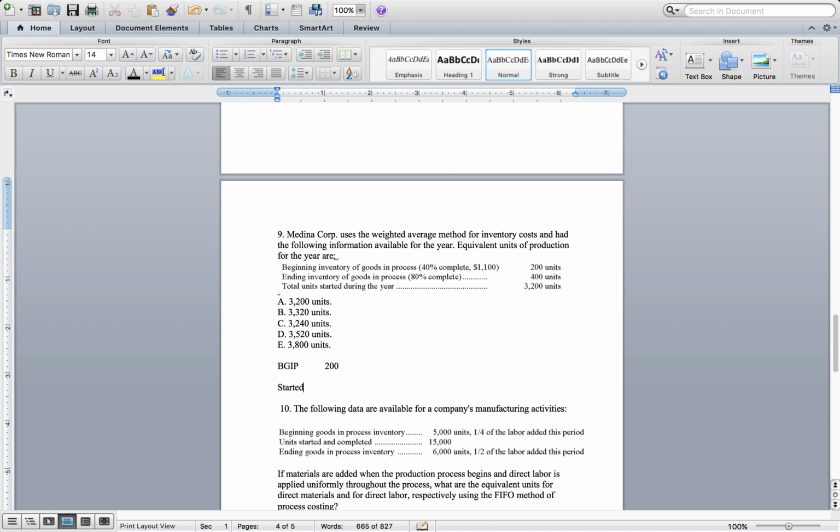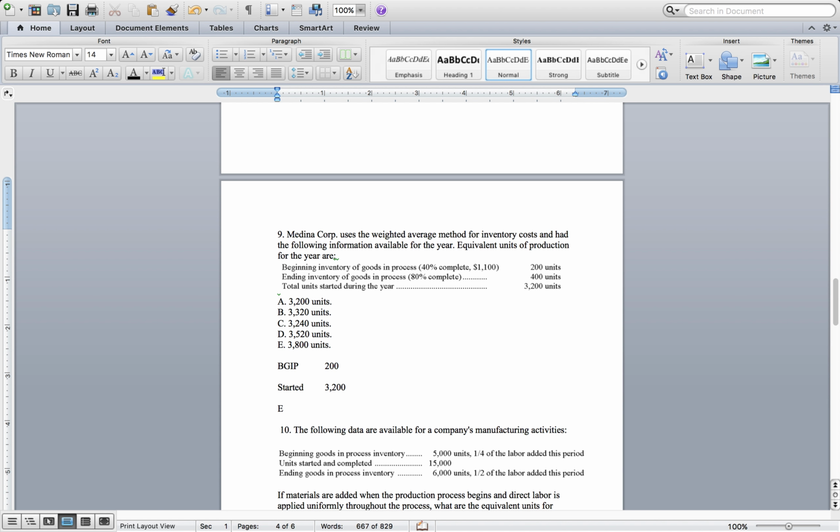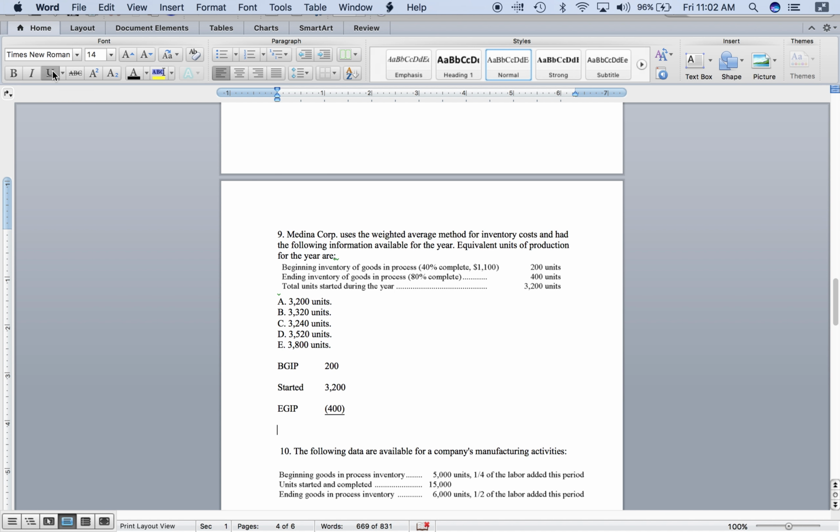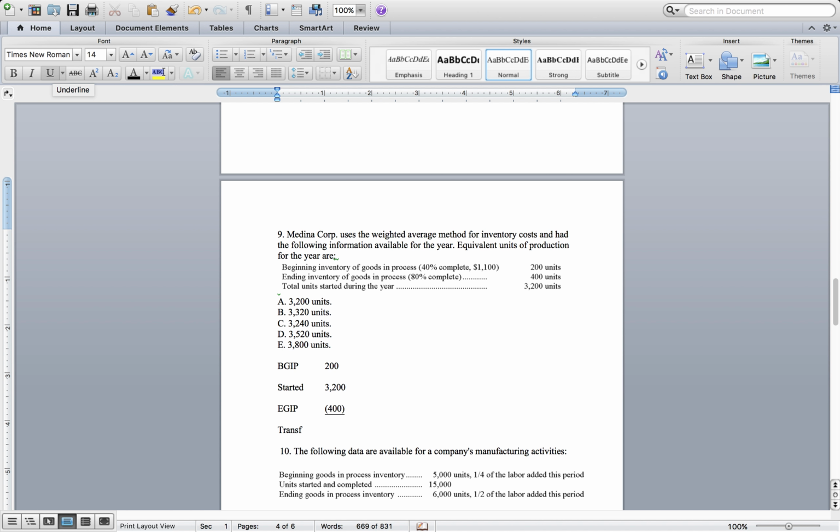Then how many were started? We want to add 3,200. Then you want to subtract ending goods in process, subtract 400. So this will calculate how many units were transferred. When we do that, that'll be 3,000 units transferred.